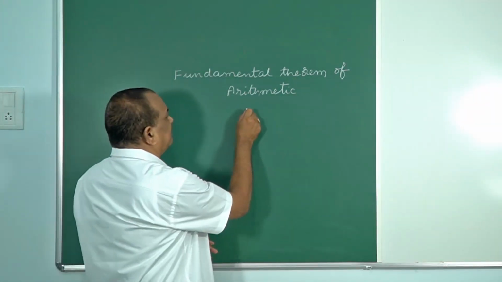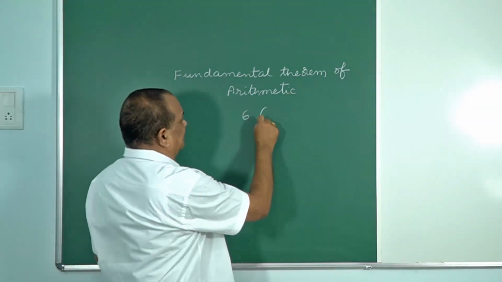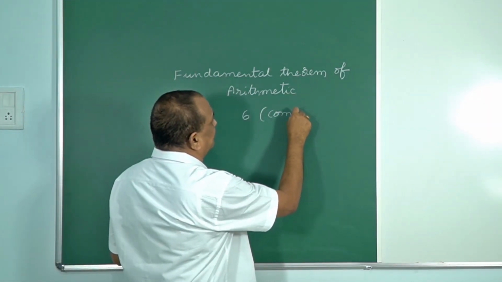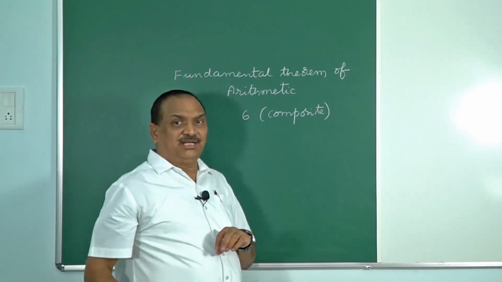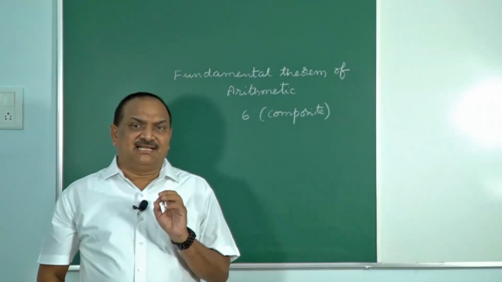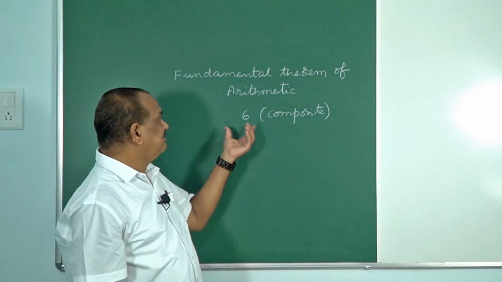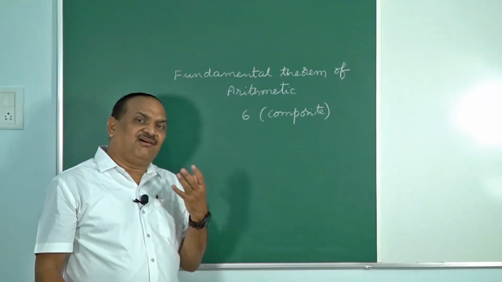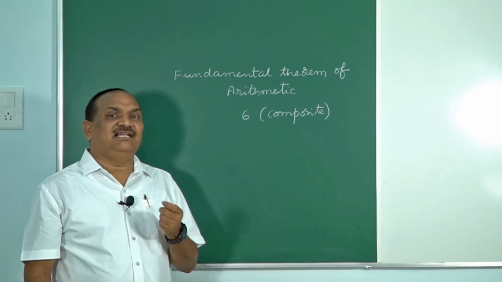Say you have a number, let's say 6. This 6 is a composite number because this is not a prime number. You also should remember that 1 is neither prime nor composite. Why is 6 a composite number? It has got some factors other than 1 and itself.